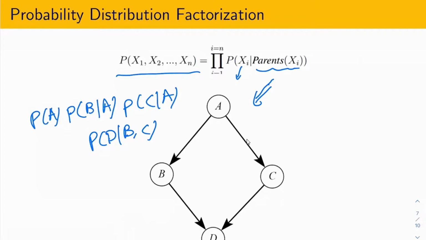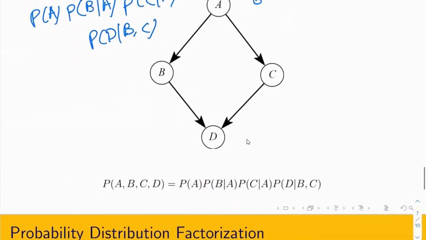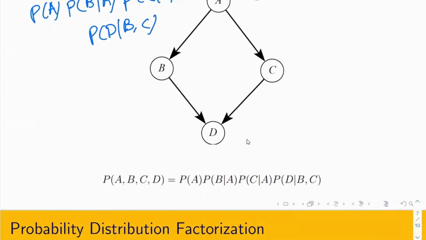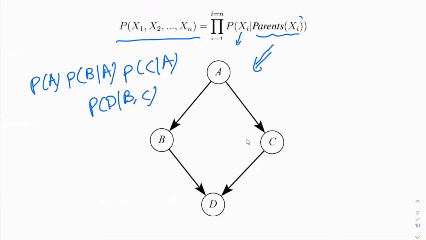As long as you know this rule that a node, conditioned on its parents, is separate from any other nodes, that would be the factorization for this graph, which I have here for you as well. This is the same thing that I talked about. So you start with P of A, P of B given A, and then you could, for example, go to D right after that, and then go back to C. There are different ways you can think about that.